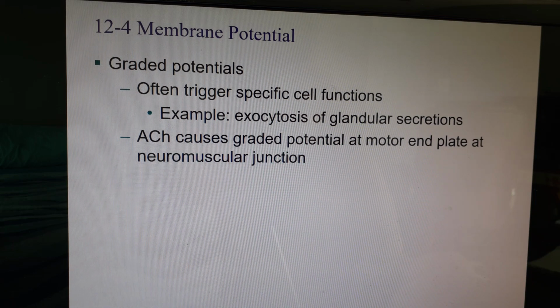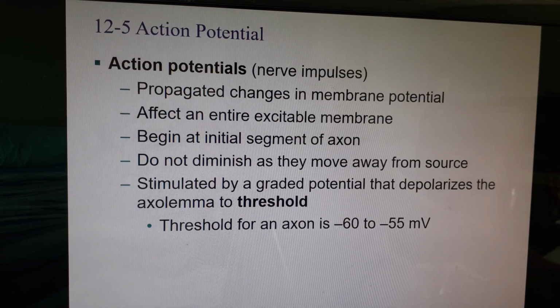So most local or graded potentials are caused by ligand-gated channels. The big signals, the action potentials, are what happen when we cross threshold. And it has to do with that little voltmeter I showed you earlier, where we open activation gates for sodium when we hit negative 60 millivolts.